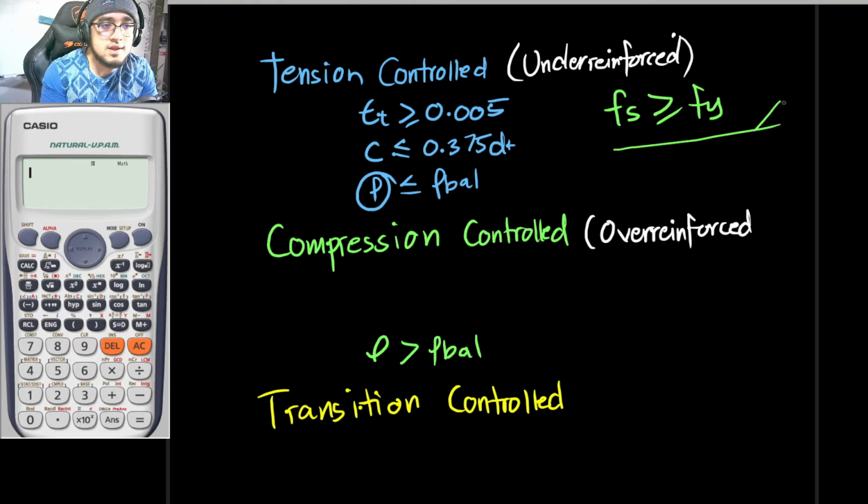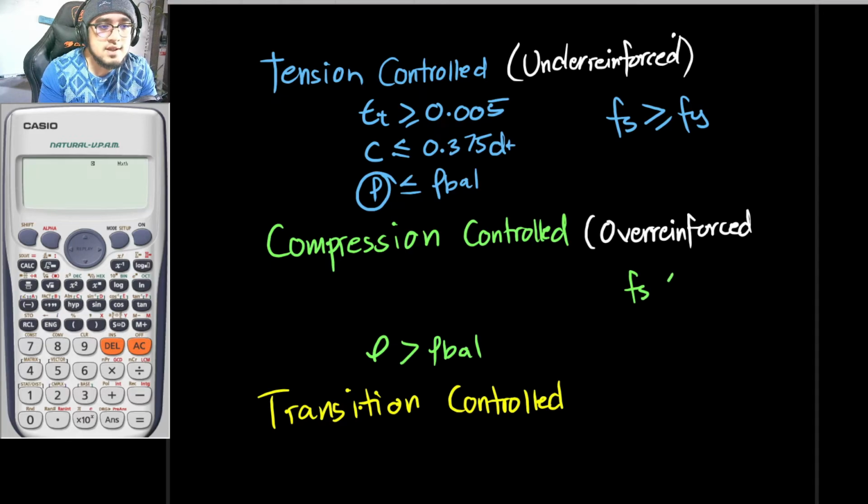So take note of this. Once again, your fs is greater than or equal to your fy, and for your compression controlled, your fs is to be less than your fy.